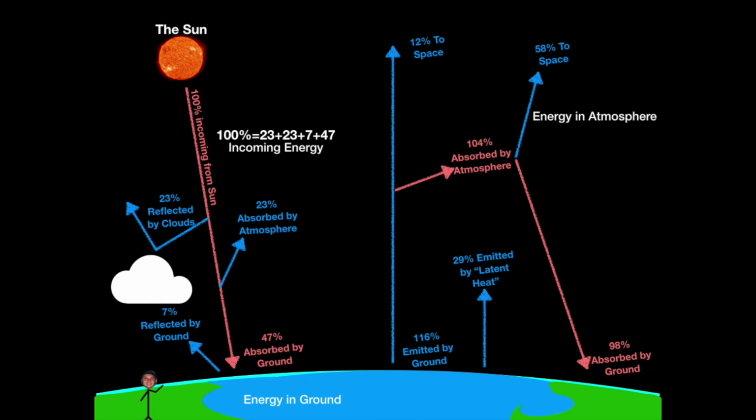So if this is truly a balanced budget, that 100% has to equal 23% plus 23% plus 7 plus 47%, which it does. This will represent the incoming energy equaling the outgoing energy, and that is the most important part here.